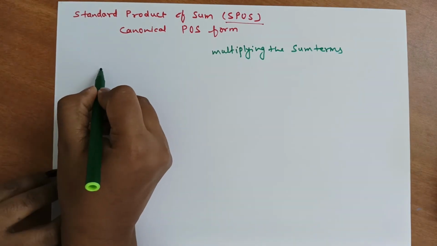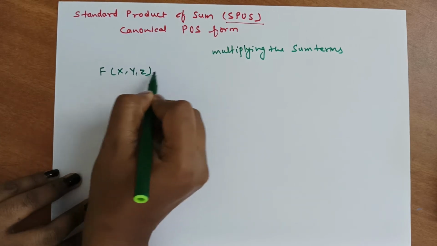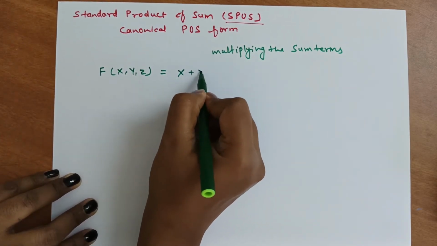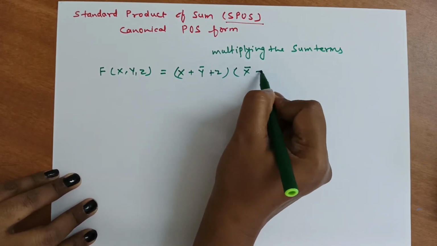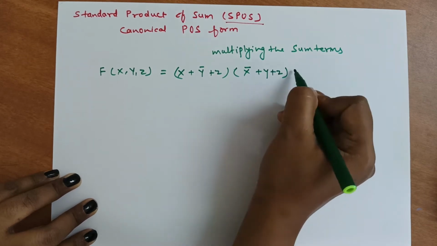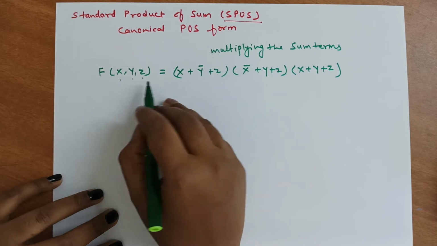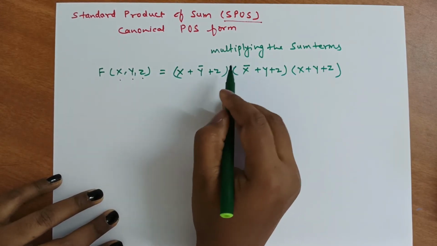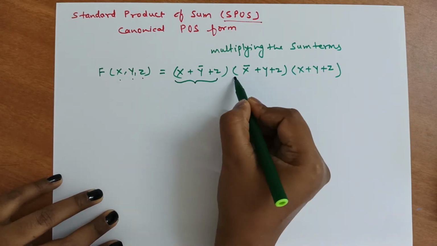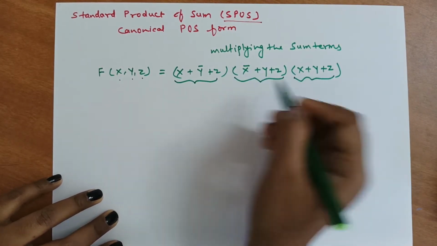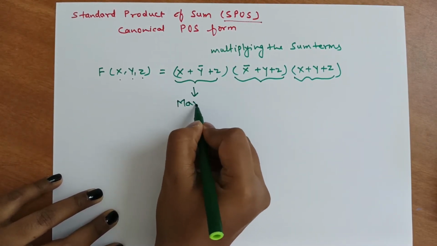Suppose we have a function given as f of x, y, z equals x plus y bar plus z multiplied by x bar plus y plus z multiplied by x plus y plus z. So this is the expression in a standard POS form. Here these are sum terms, and these sum terms are also called maxterms.